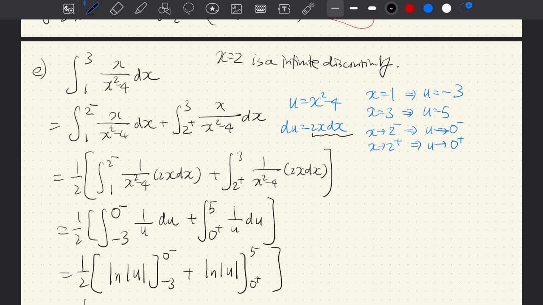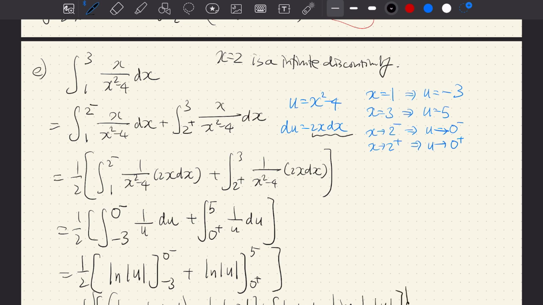So this is equal to, here, the limit as u goes to 0 from the negative side of log |u|, minus log of the absolute value of -3, plus log of the absolute value of 5, minus the limit as u goes to 0 from the positive side of log |u|.